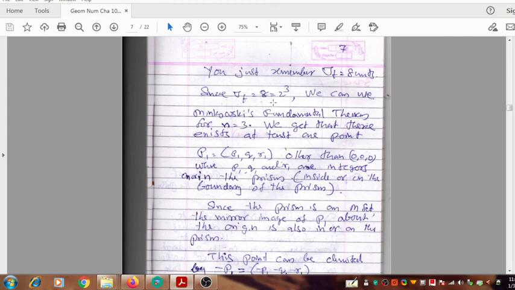That point is P1, having the coordinates p1, q1, r1. There is at least one point. We name that point P1 equal to (p1, q1, r1), other than 0.